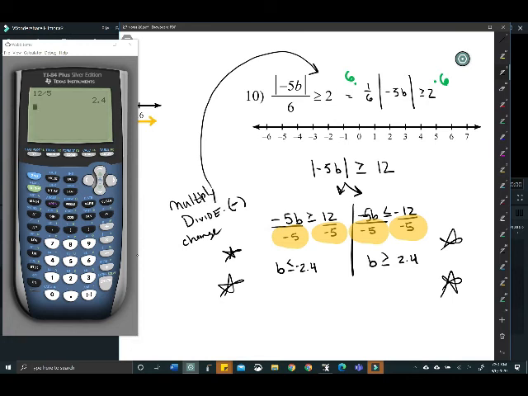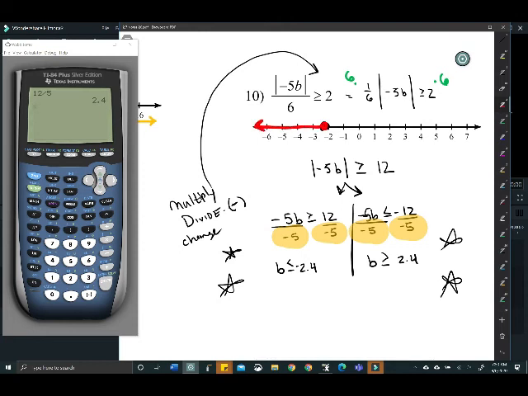So now we have B is less than or equal to negative 2.4. Negative 2.4, about here-ish. I won't be super picky. I know that's probably more so the 5, or 2.5. That's okay.